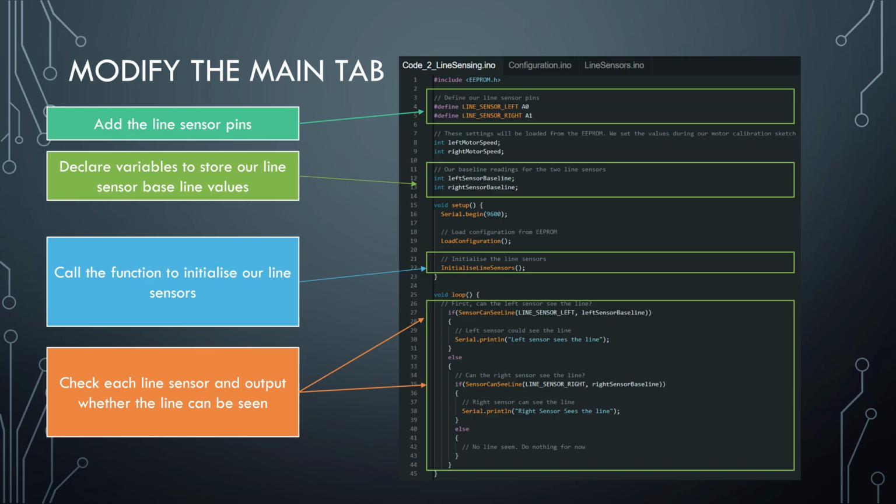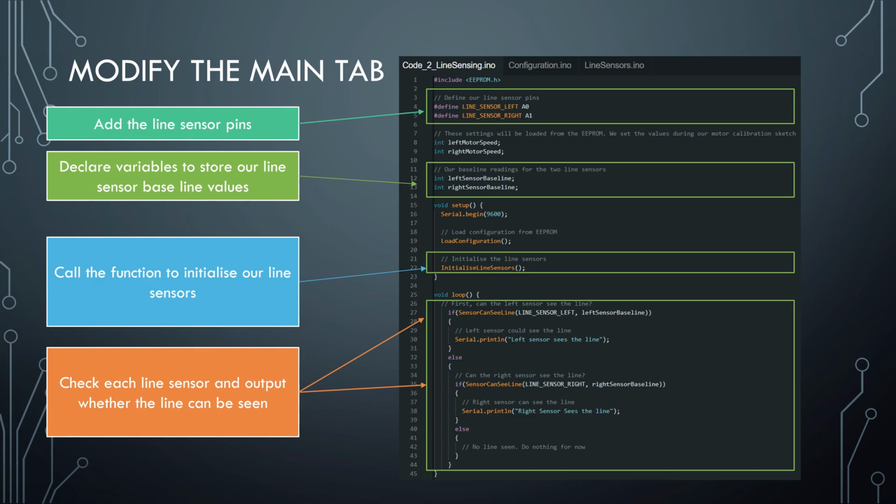So if there's been a 10% or more drop on the reflectance sensor on the left sensor, it reports that. Otherwise it goes into the else statement and calls sensor can see line again, but now we pass in the right sensor pin and the right sensor baseline. That same function does it for both the left and right sensor; we're just passing in the pin number and the baseline for the sensor.